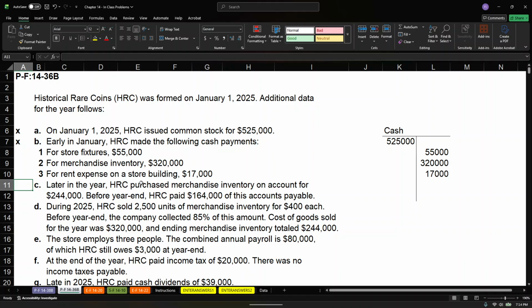Okay, later in the year, we purchased merchandise inventory on account for 244,000, and before year end, we paid off 164,000. Okay, so I know cash going out is 164,000 because we paid off those accounts payable with that. What is my ending balance of accounts payable? I had 244,000. I paid off 164,000. So I have 80,000 in ending balance of accounts payable.